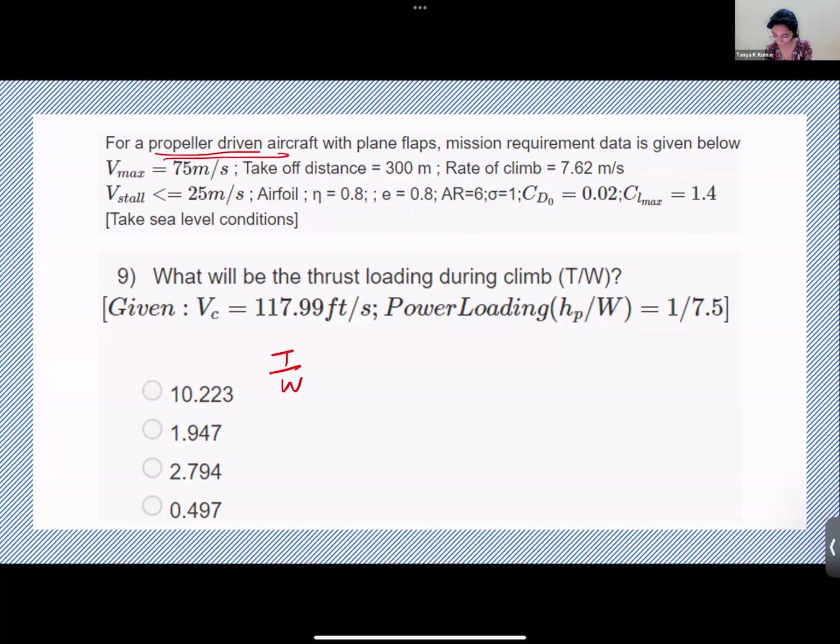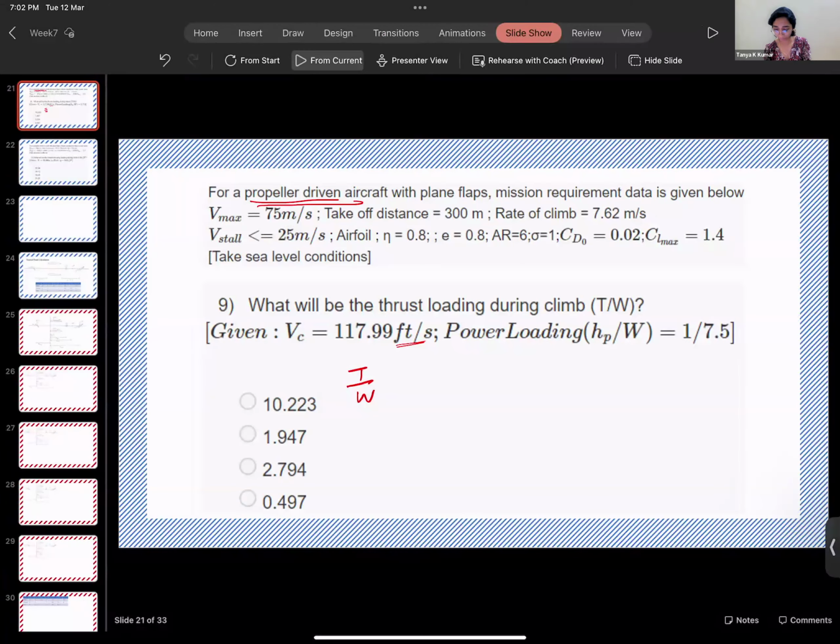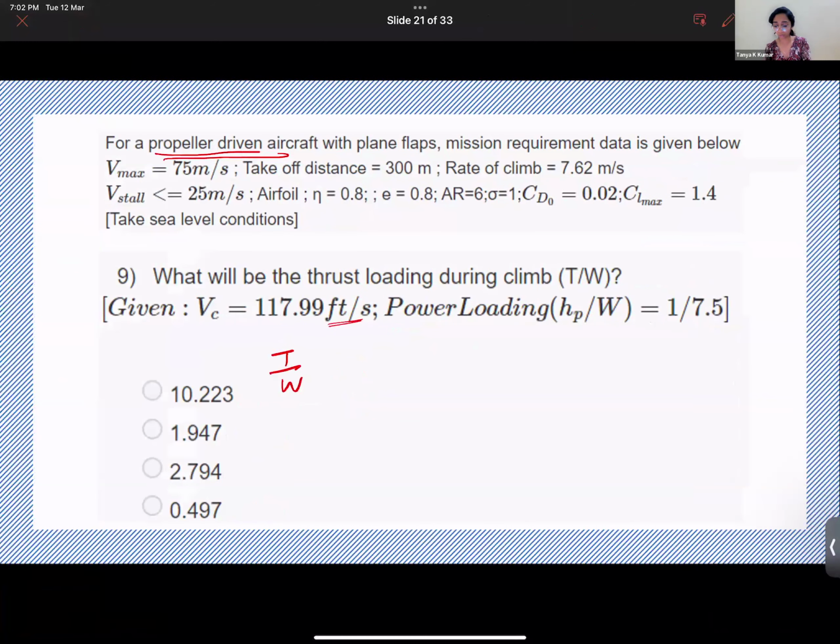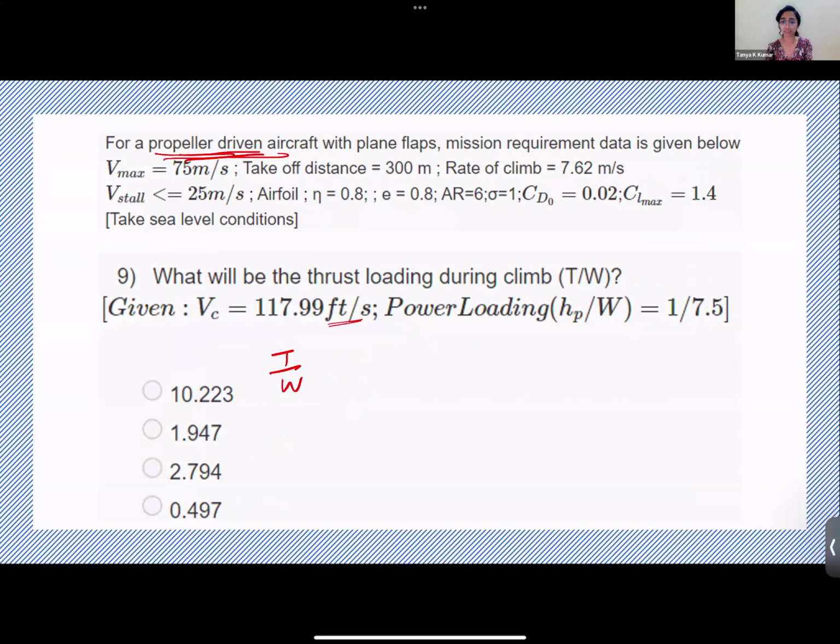You can just ignore that it's given in feet per second. Just get the value. It's a direct formula for a propeller-driven aircraft. Just go over your notes and tell me what it is. Just substitute the values and tell me the answer.